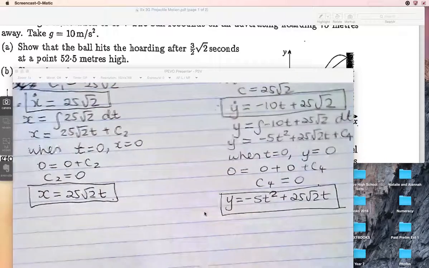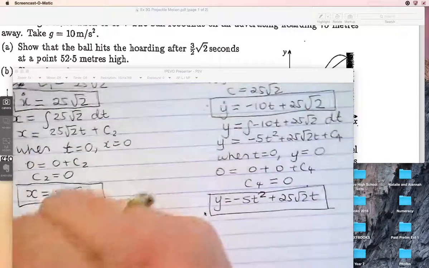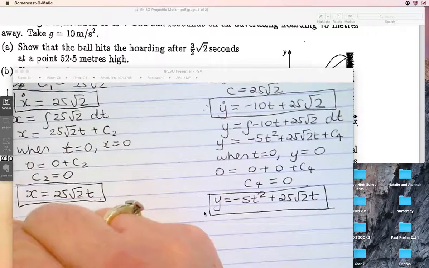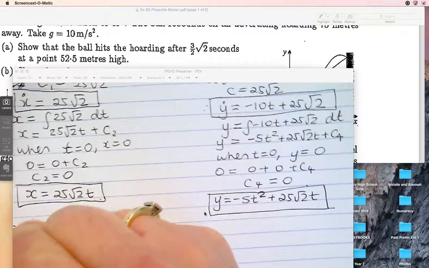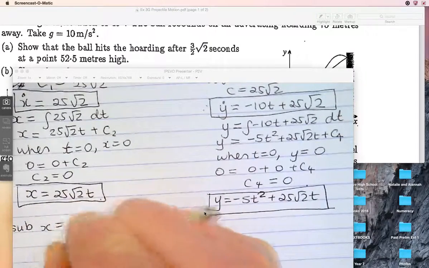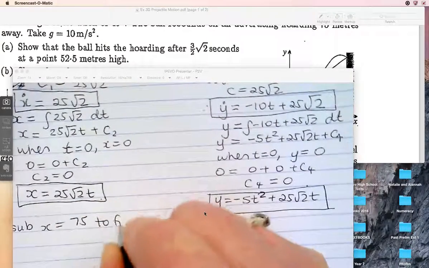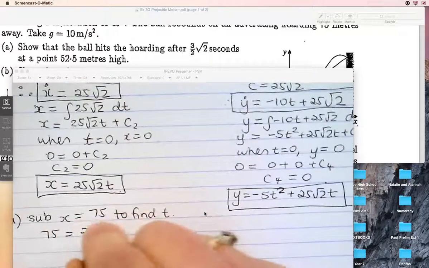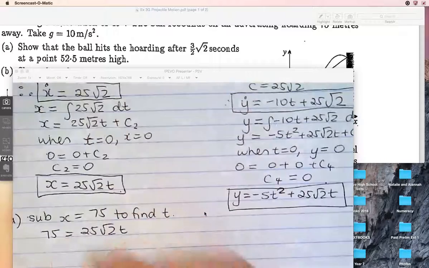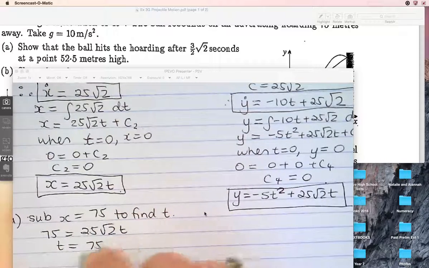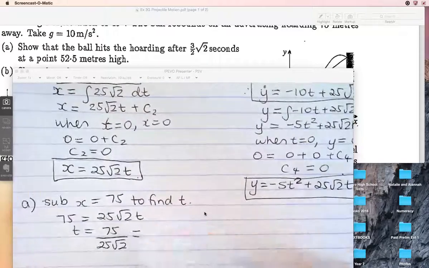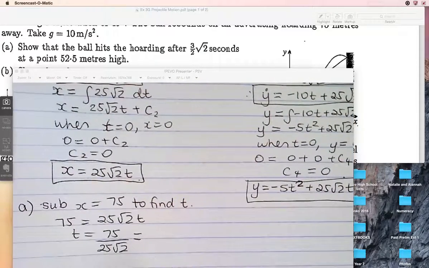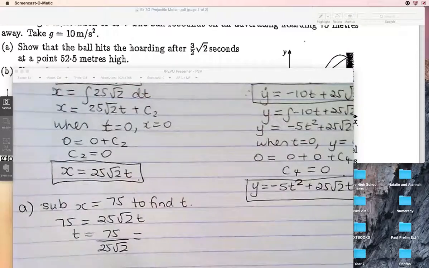Okay, let's go. So, part A. We're going to substitute x equals 75 to find t. And we get 75 equals 25 root 2t. So therefore t is 75 divided by 25 root 2, which is 3 over root 2.